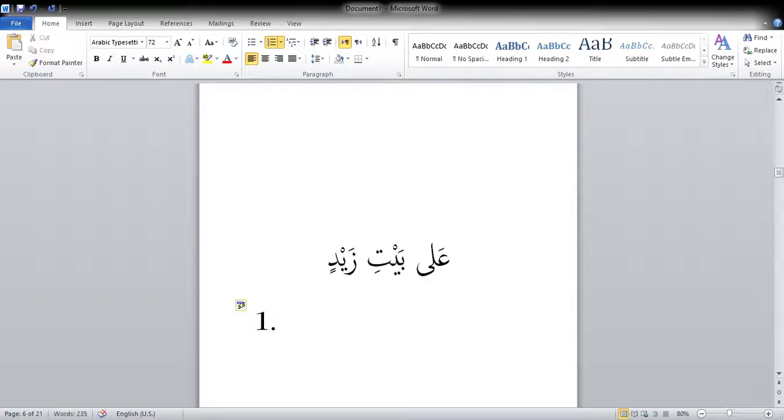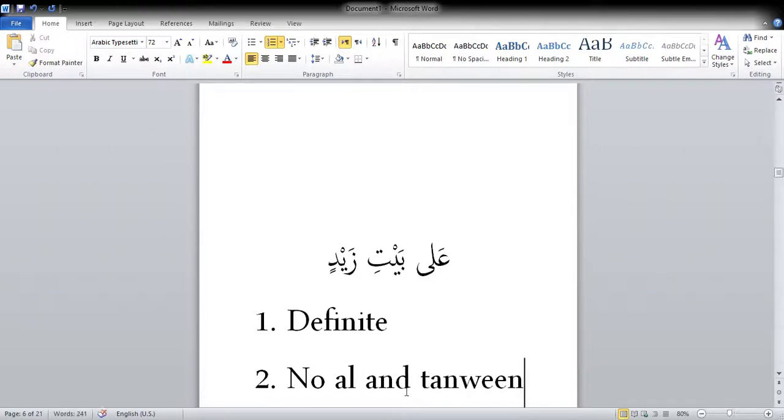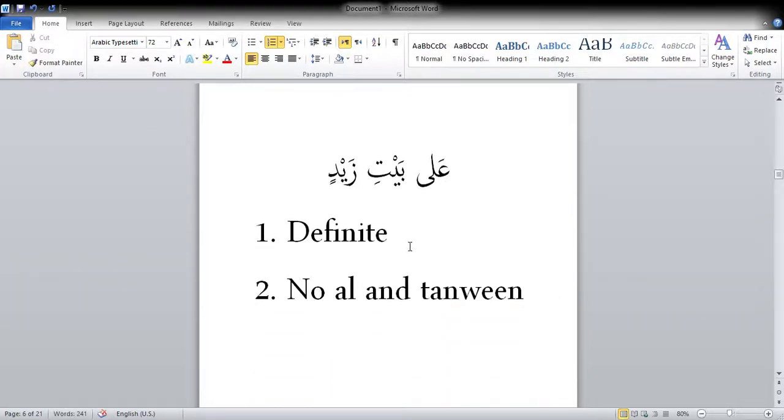The mudaf is definite without an al, and you'll never see it with tanween. And you can recognize the mudaf ilayh as being in majrur state, and that's the only thing that defines it.